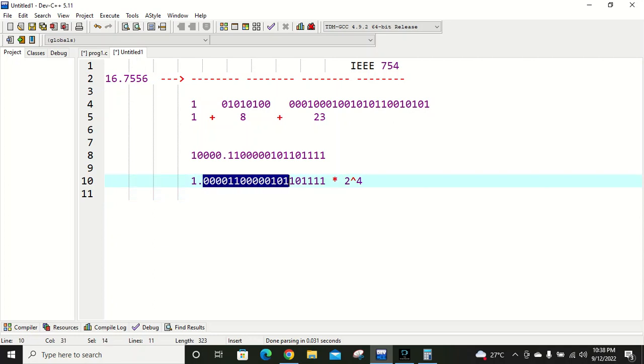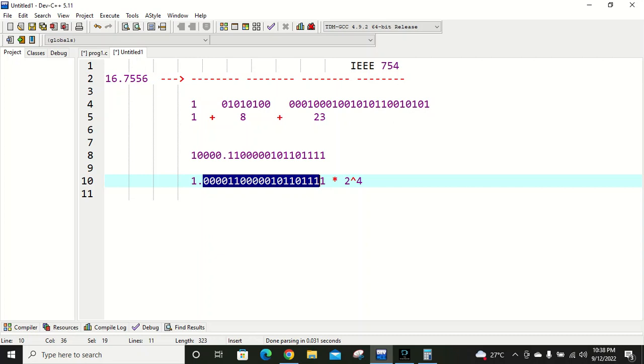This number is the mantissa, and it is stored exactly the same in these 23 bits. Out of the 32 bits, in the last 23 bits this number is going to be represented as it is, and the exponent value is 4.